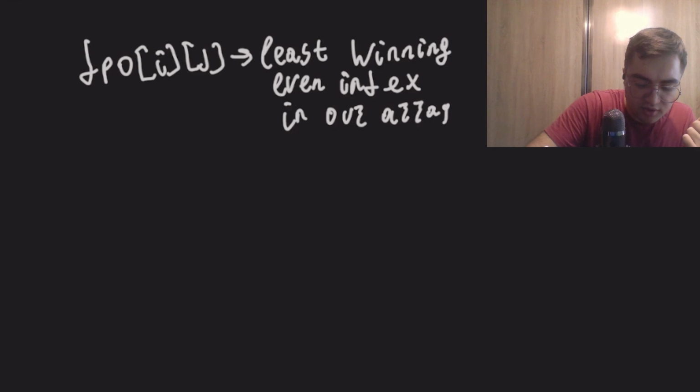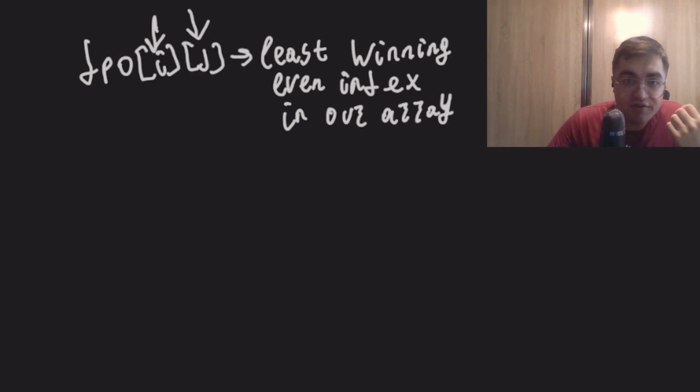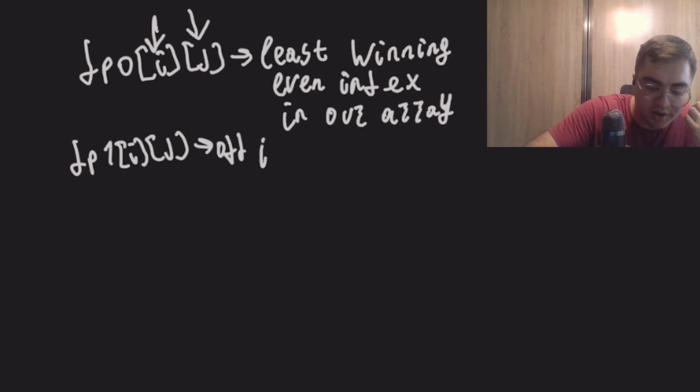And obviously this ij doesn't change. This ij just means we are considering the subrectangle starting from ij to nm, right? So what is the least winning even index? And similarly, dp1 ij is just the odd index with this exact same definition. It's just that even is replaced by odd.